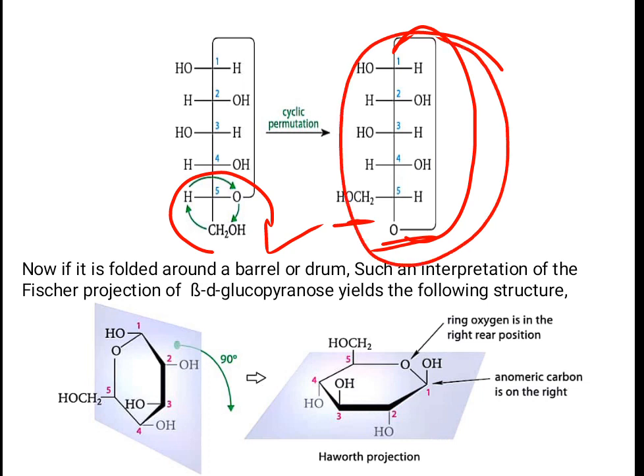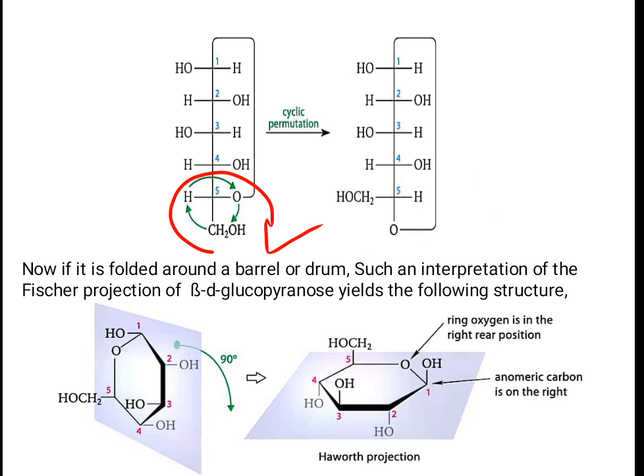So this is your ring form. Now if it is folded around a barrel or drum, such an interpretation of the Fischer projection of beta D glucopyranose yields the following structure. Actually I have made a mistake, this will be the capital D, not the small d. So if you take this, you will get this structure in case of Haworth's projection.